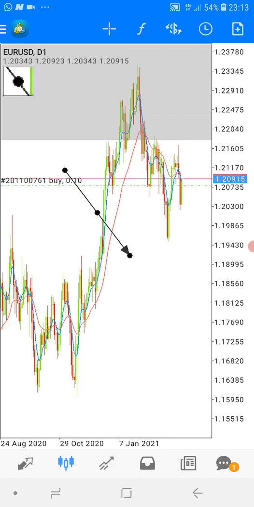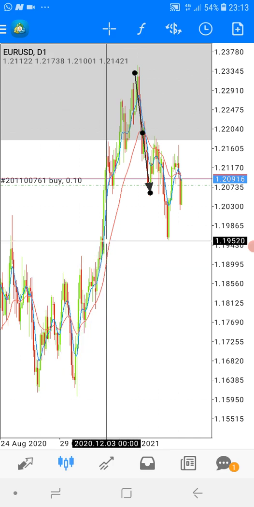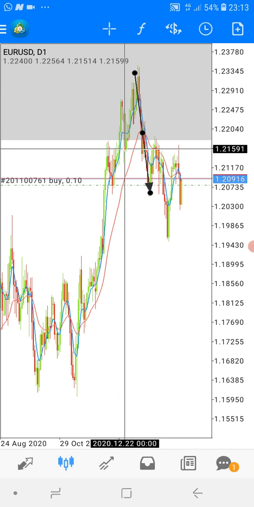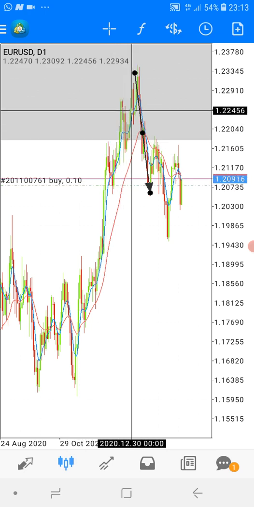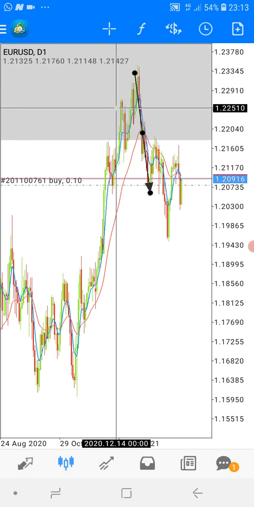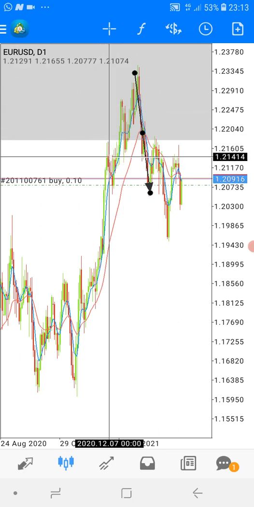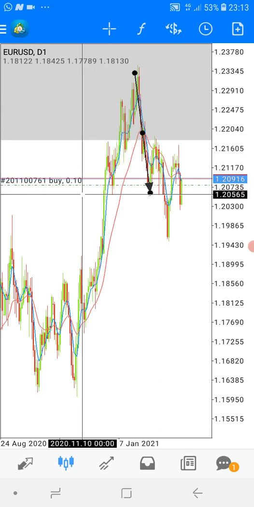So as you guys can see here, this was the move that crossed the MAs and took out all these previous structure moves, which are the higher lows and higher highs.